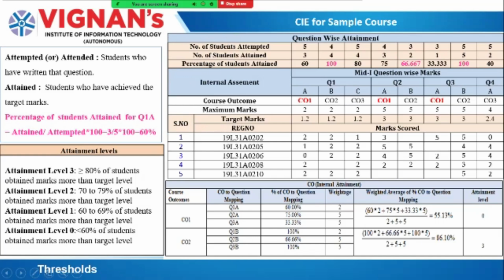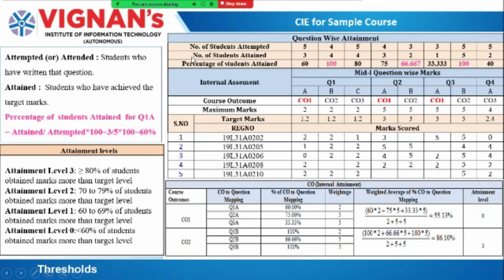Now you have to find the attainment levels. Here the attainment levels are based on the percentage of students who obtain marks more than the target level. For example, if 80 percentage of students obtain marks more than the target level, the target marks here is 3.